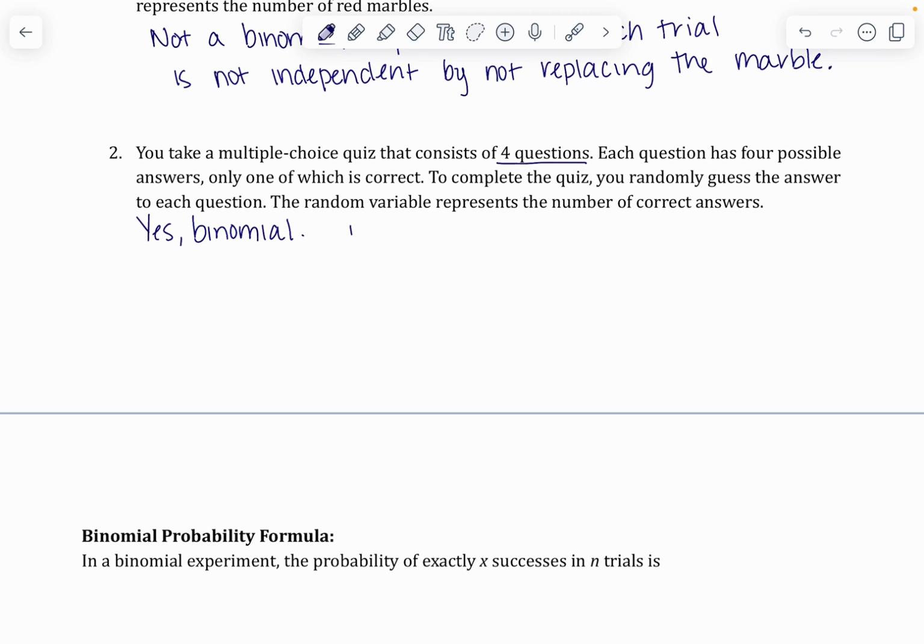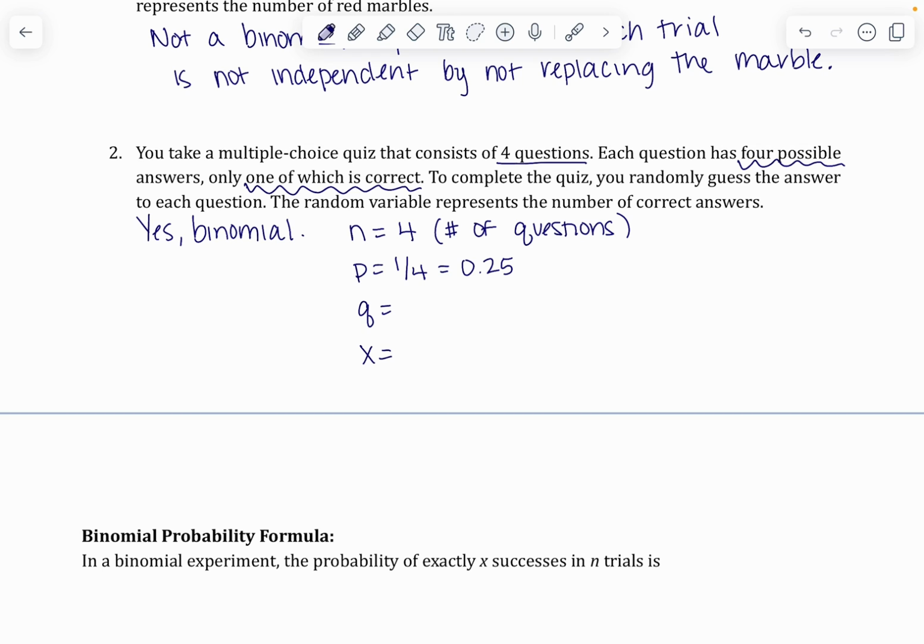So now we need to state what n, p, q, and x are. So n, we already said, is 4. It's the number of questions. P, our probability of success. So there's 4 possible answers, only one of which is correct. So it means our probability of success is 1 out of 4, or 0.25.